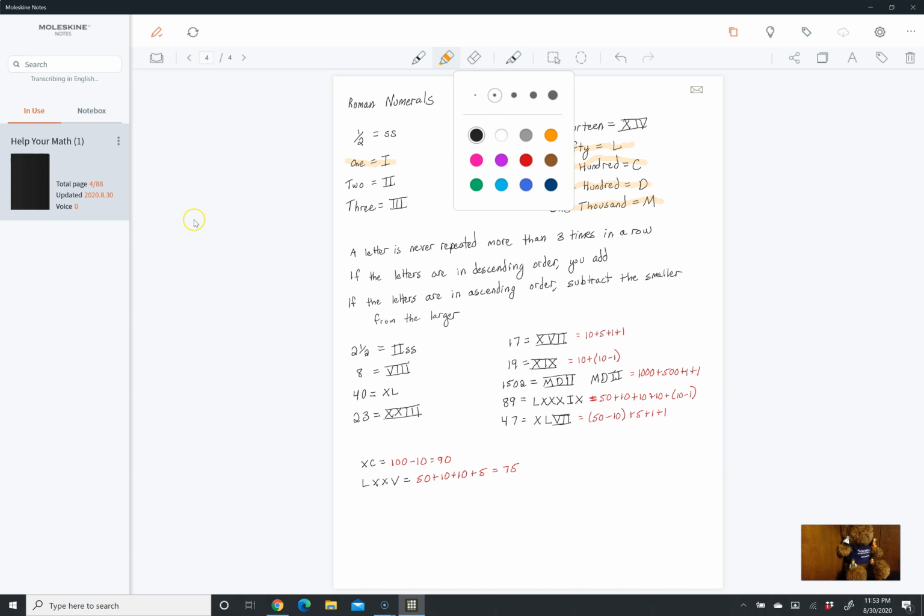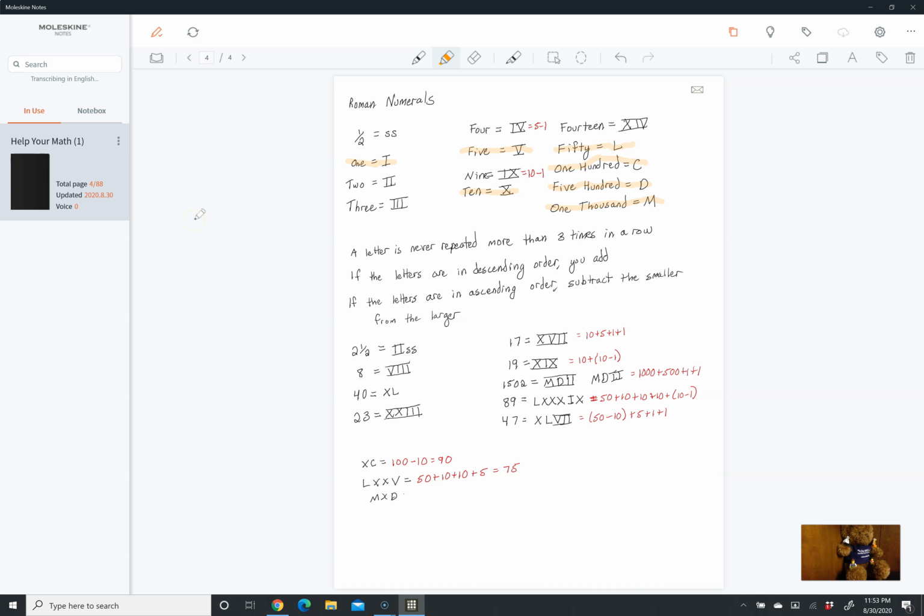If we have M, X, D, so sometimes the letters are going down, sometimes they're going up, right? So here we notice that there's a 10 and then a 50. So what we do is we take this 10 and we're actually going to be subtracting it from 50. So we look at the letter directly before it once it goes up, okay? Once the numbers start going up.